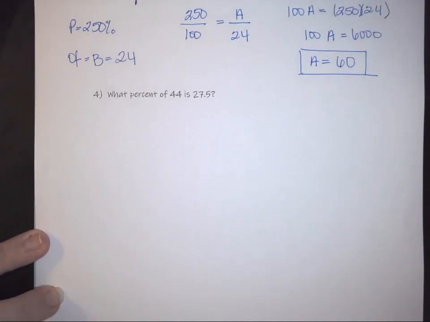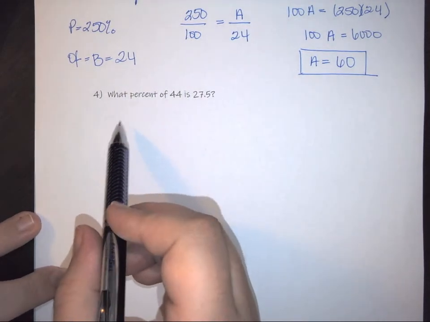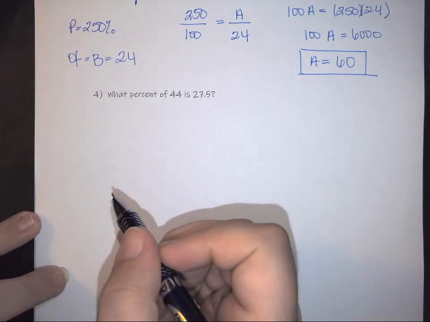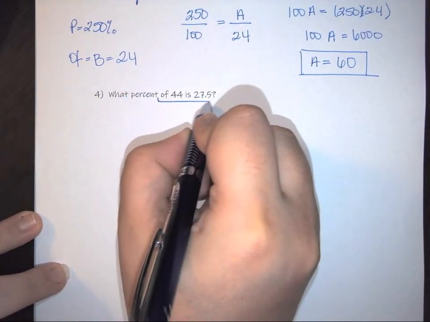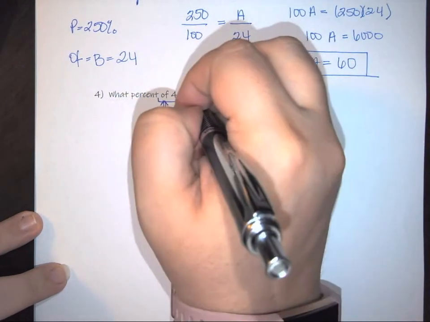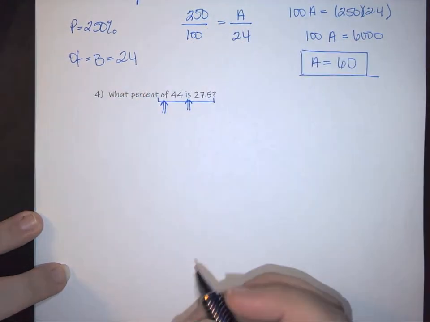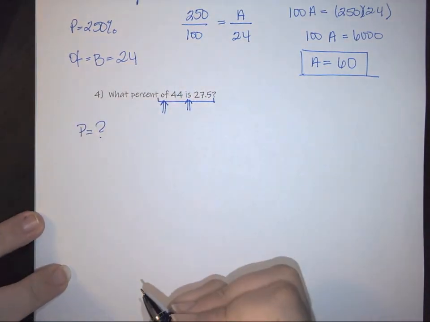Alright, let's look at one more version of the way these could be written. We want what percent of 44 is 27.5. So we've got this piece right here that we're looking at. We've got the of and we've got the is. So this means the percent is the one that we're looking for.